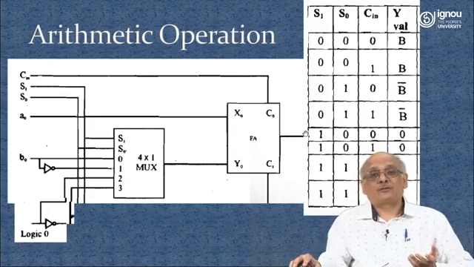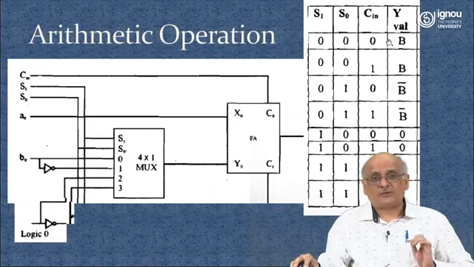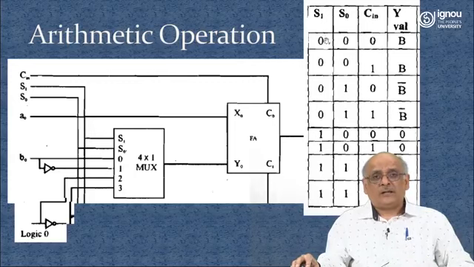Now, how does it relate to the micro operation? Let us look into the micro operation of each one. If I am putting S1 S0 as 0 0 and C in is 0, what is the input of X? Obviously, A. What is the input of Y?